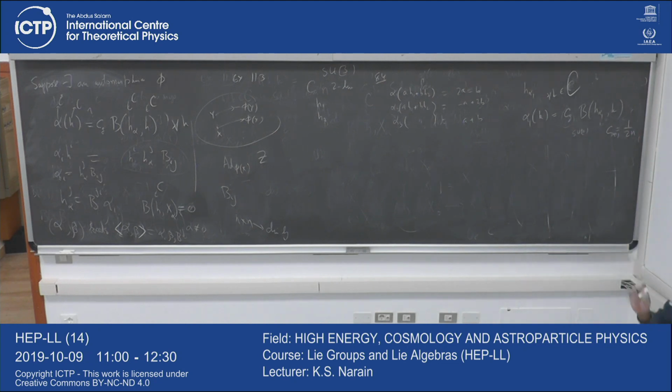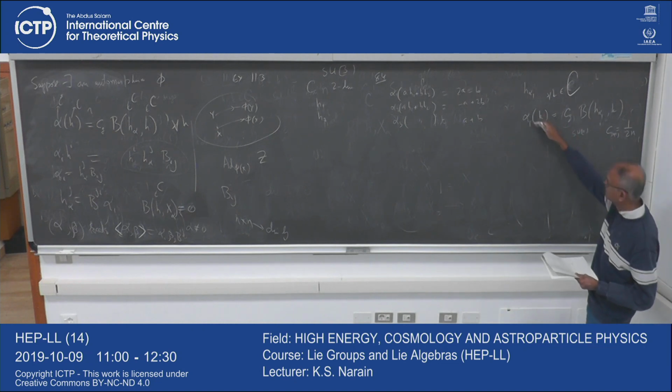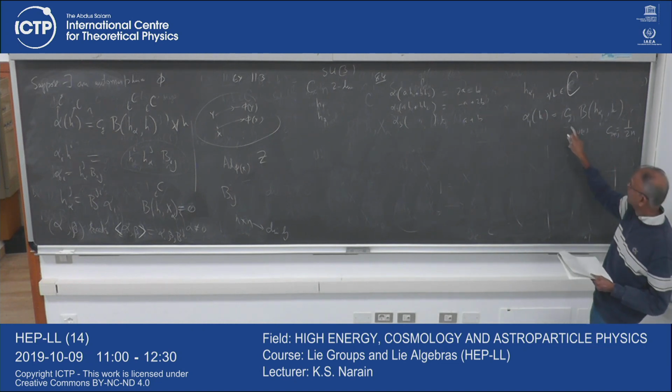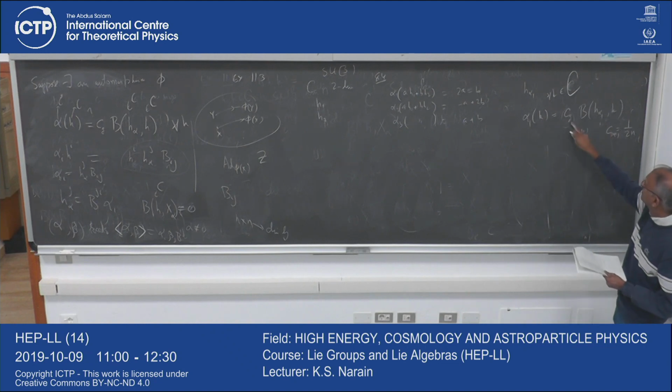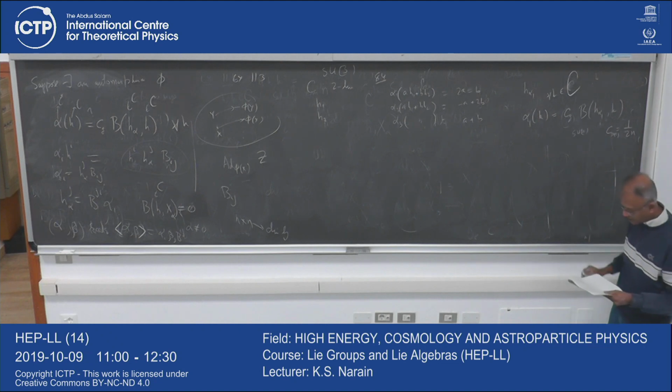It's not important, because when we develop this whole formalism, we'll see that only ratios of these things will appear. So that constant will disappear, because it doesn't depend on which element you're talking about, just on the group you are working with.